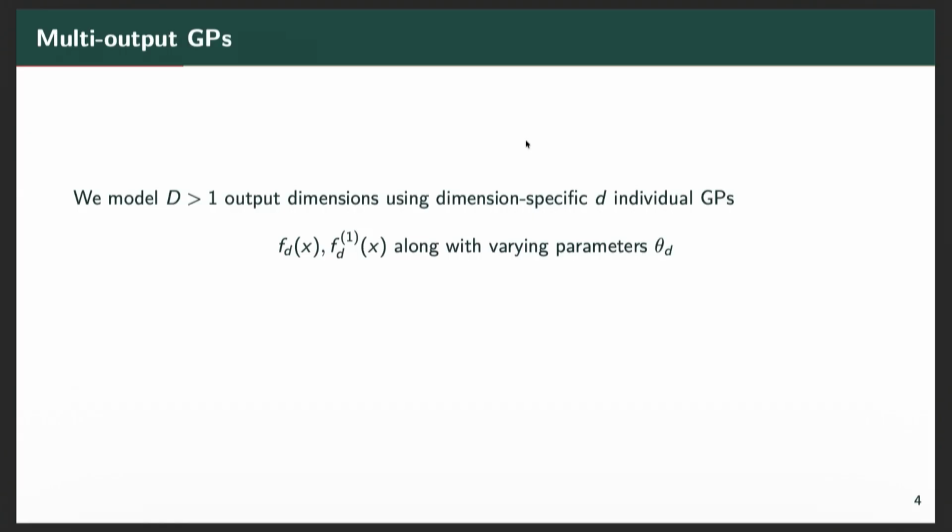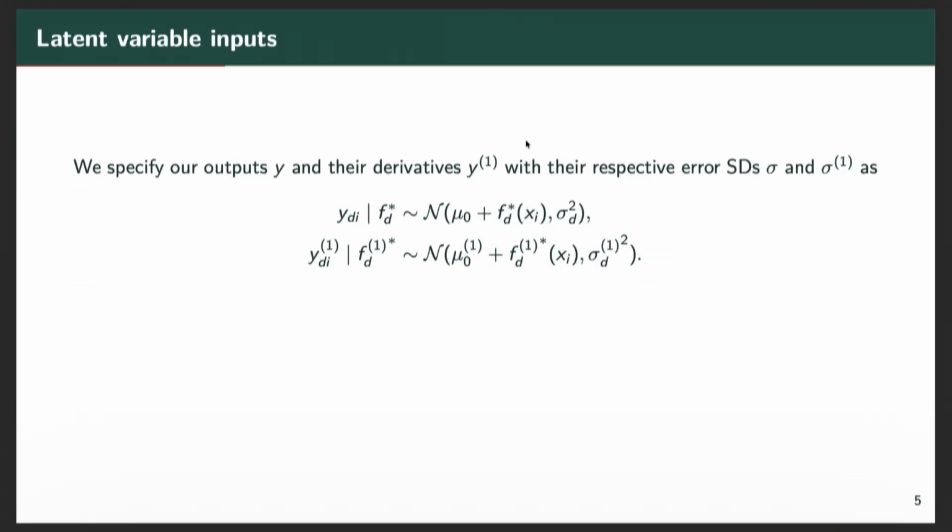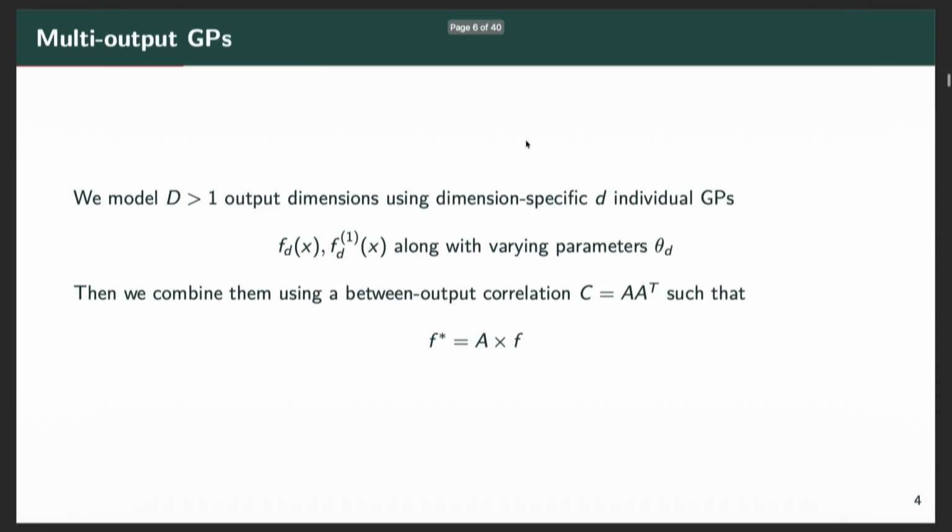So we first specify dimension-specific individual GPs, which means dimension-specific covariance functions and their parameters, and then we multiply the Cholesky factor of the between-output correlation with our individual GPs to obtain across-dimension correlated Gaussian processes. Of course, we do the same thing with the derivative quantities, so it's the same treatment.